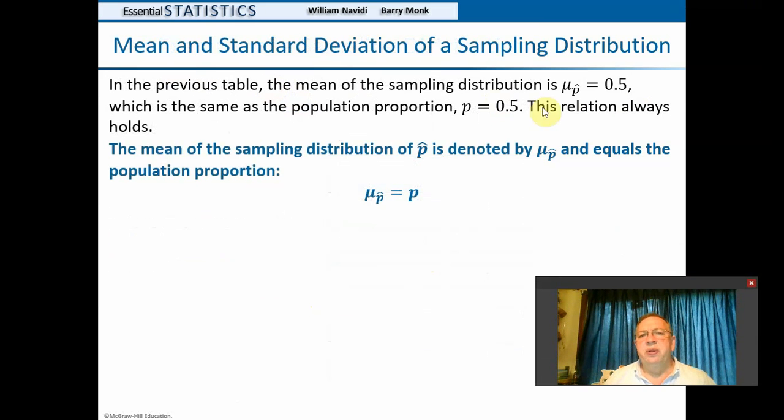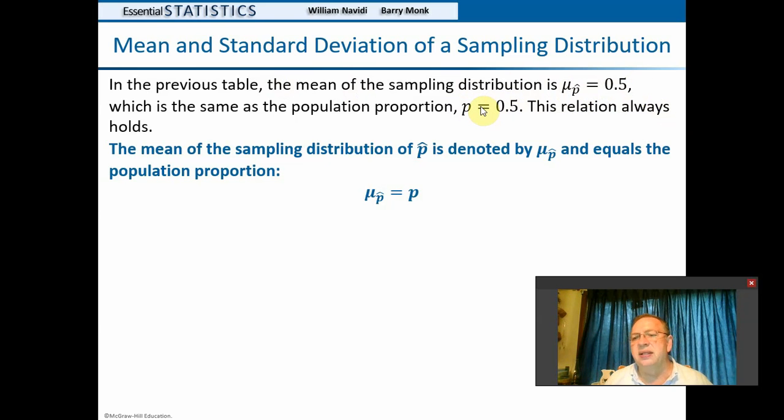So in the previous table, the mean of the sampling distribution is mu of p-hat. The mean of the sample proportions was 0.5. We just averaged all of those out, some of them were 0.1, some went all the way through, and we took the mean of these. It turns out the mean of the sampling distribution of the proportions is the very same as the population proportion.